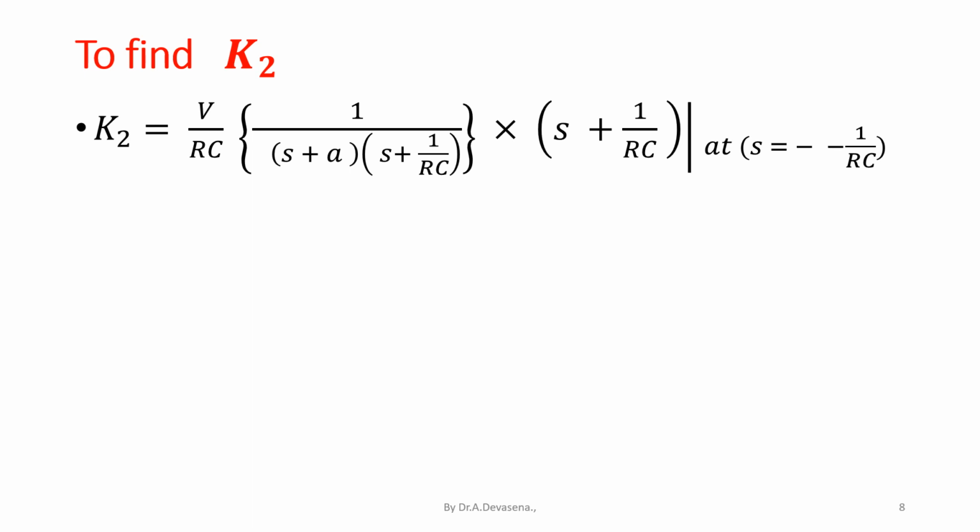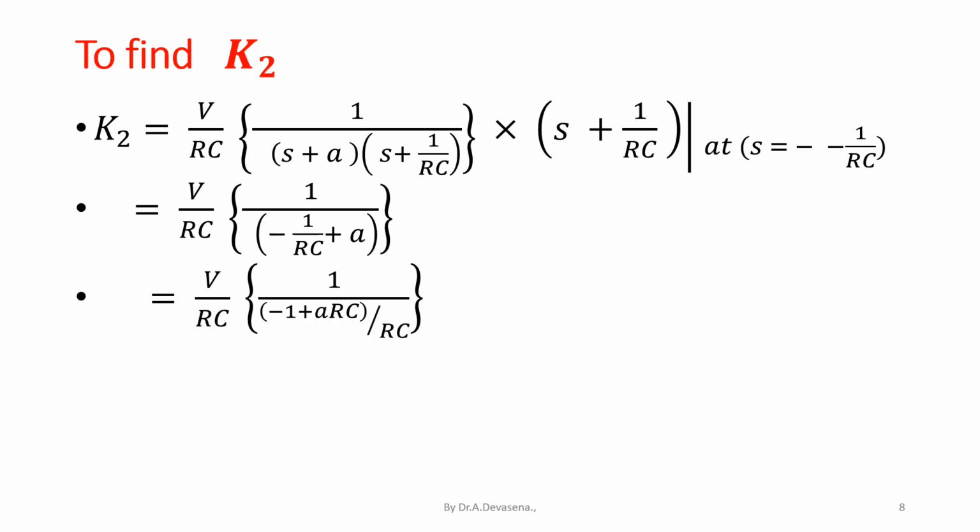Here the term S plus 1 by RC present in the numerator and the denominator gets cancelled, and if you substitute the value of S is equal to minus 1 by RC in this equation, we get K2 is equal to capital V divided by RC, open the bracket, 1 divided by minus 1 by RC plus A, close the bracket.